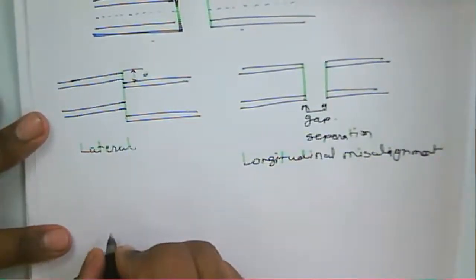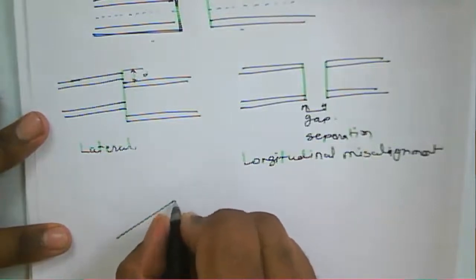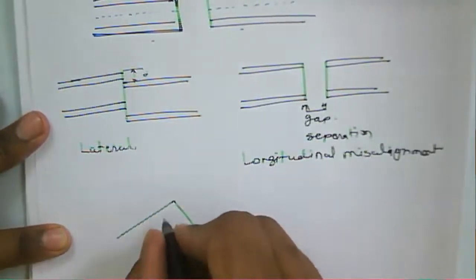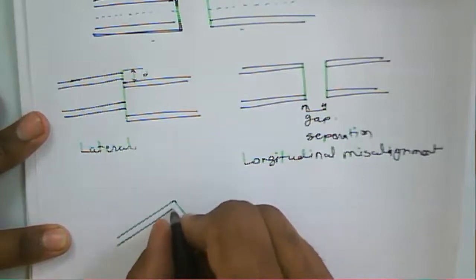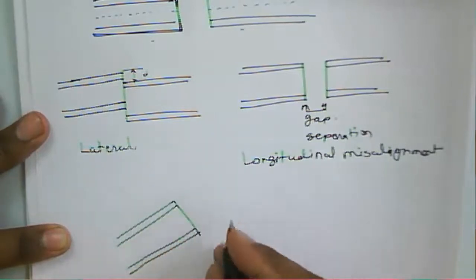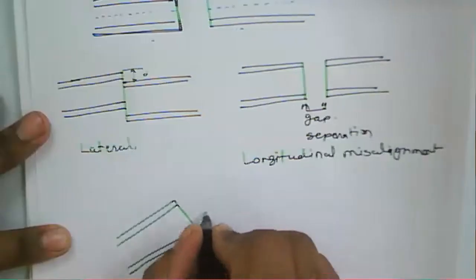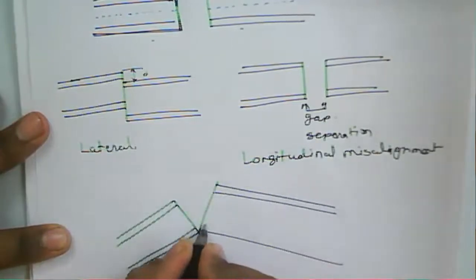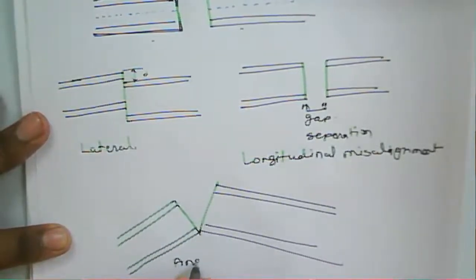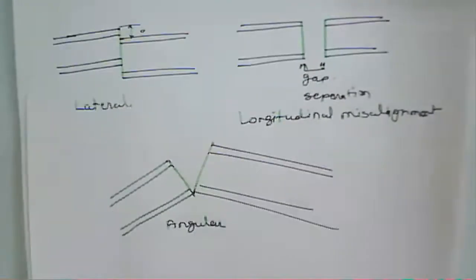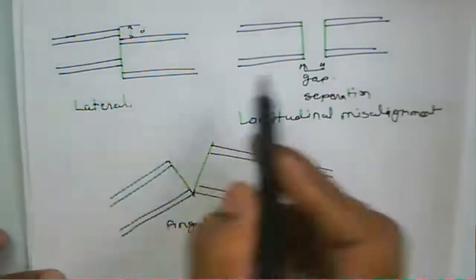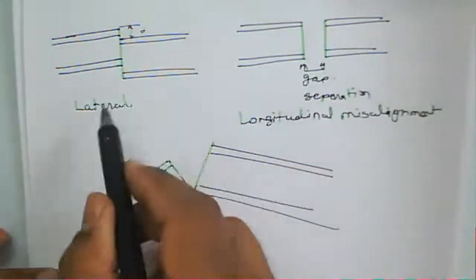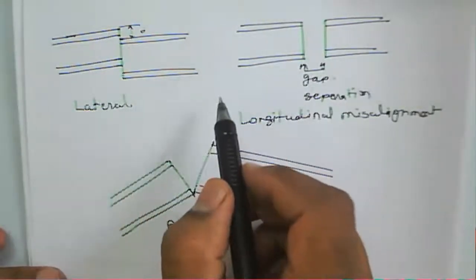Another misalignment is when we have two fibers and in between the two fibers there will be an angular separation. Now these are the different types of misalignment.